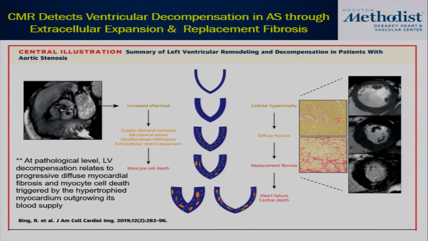As the aortic stenosis worsens, you can only thicken so much before you don't have enough capillaries for the amount of muscle you have. You have ischemia starting to set in. Cells start dying. Fibrosis is happening, the interstitial fibrosis, and as cells die, replacement fibrosis happens. And if this process is not terminated, you're going to go on to a failing ventricle.